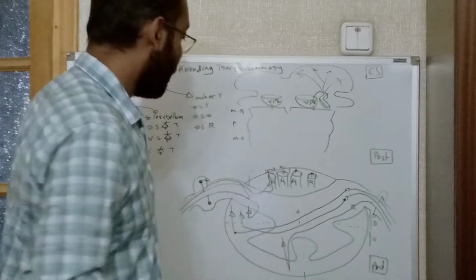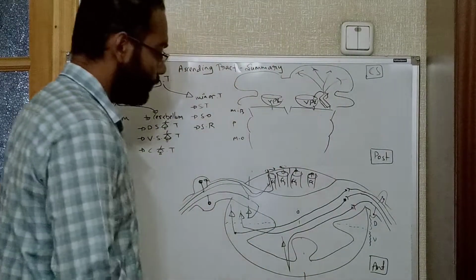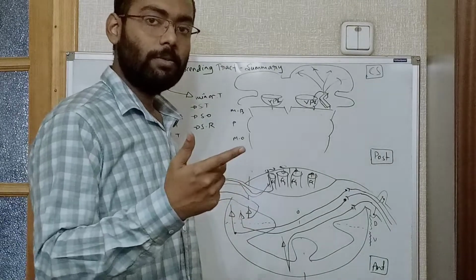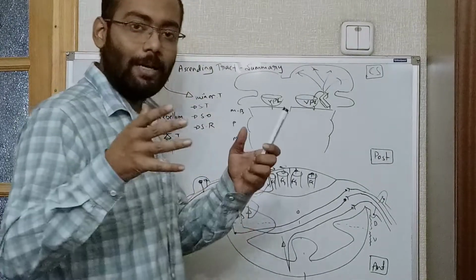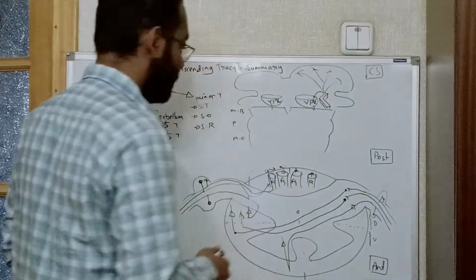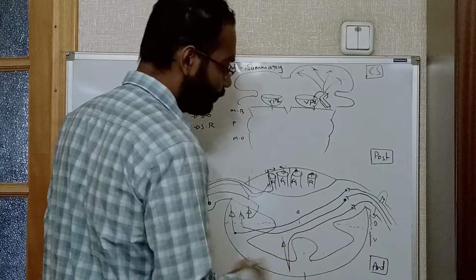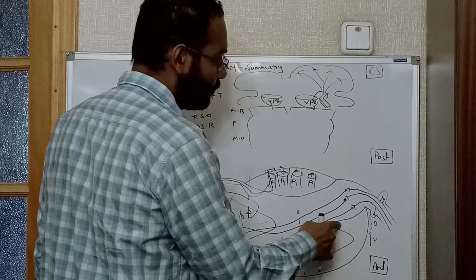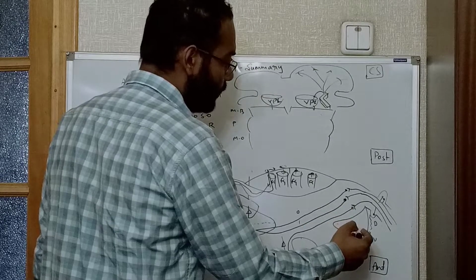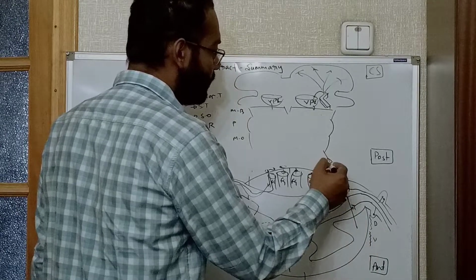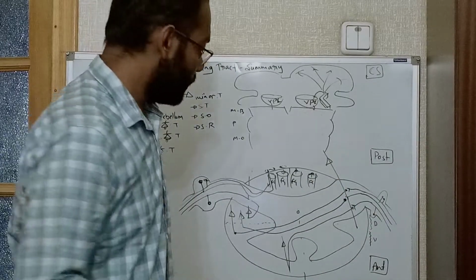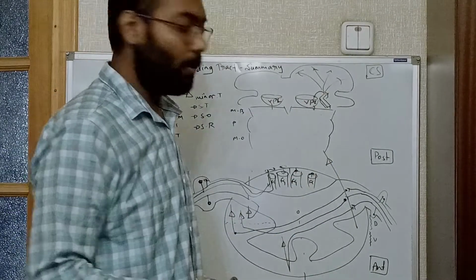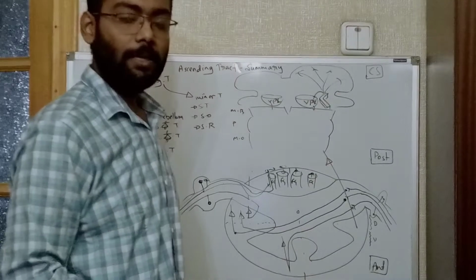Good. Now let's move forward. So now let's come to the anterior and lateral spinothalamic tracts. Why am I taking these together? You will understand. So take from here. You guys know that one fiber from the lateral side will ascend up here, and it is a part of what?